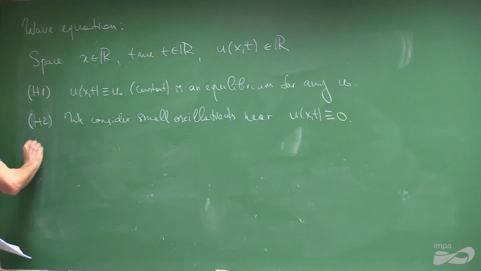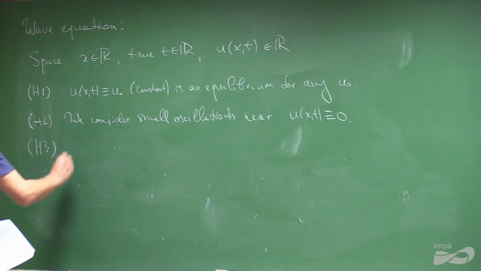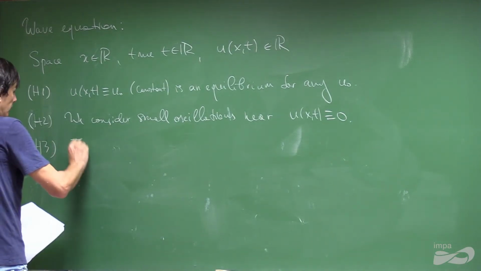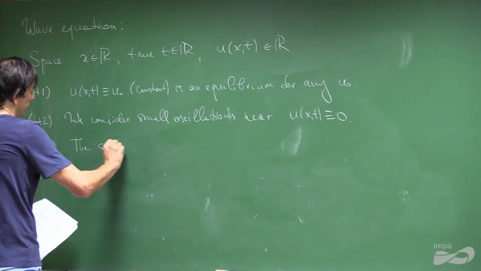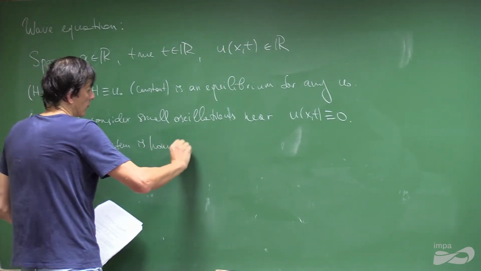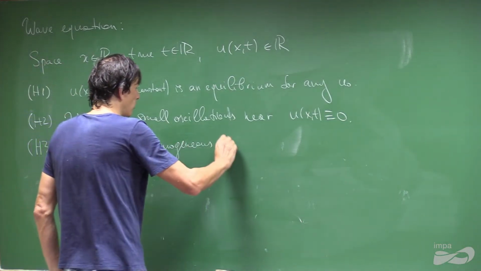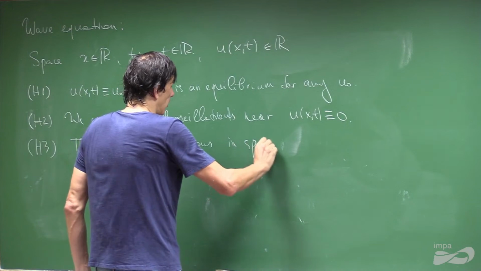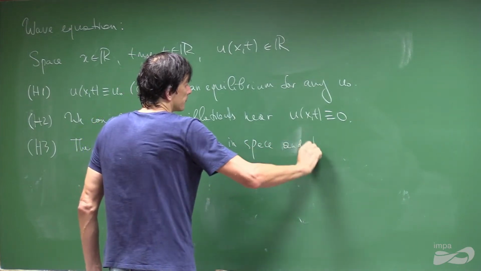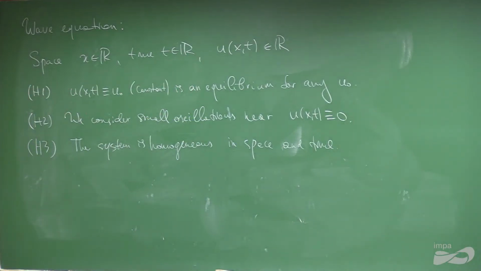Then H3, the third hypothesis, is that the system is homogeneous. This is a very familiar hypothesis. Homogeneous both in space and time. So at every position and every time, the properties of the system are the same.